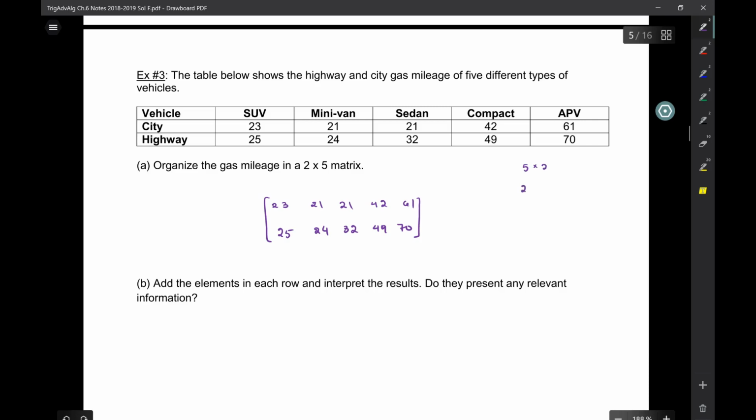So this row becomes a column. So 23, 21, 21, 42, 61, like that. It really doesn't matter as long as you switch everything else that you're going to use consistently.